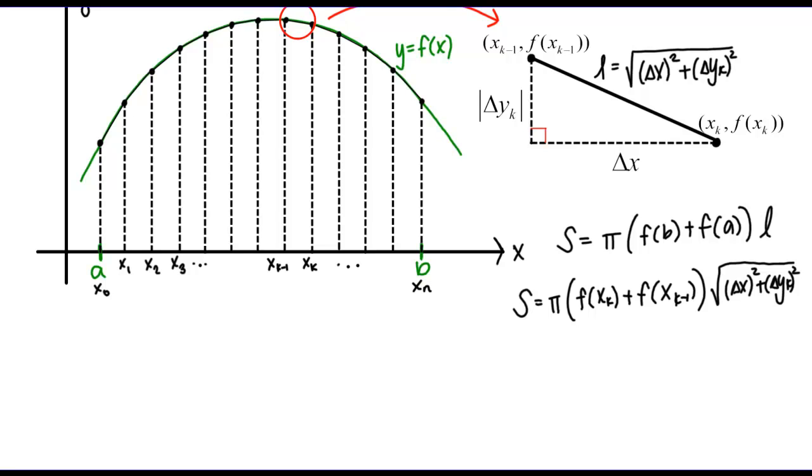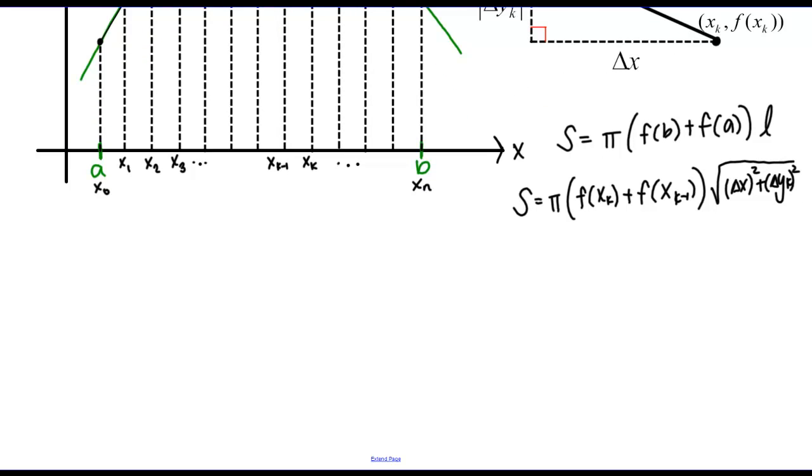Now, to approximate the area of the entire surface, that is, the surface created by taking this entire curve here, approximated by all these little line segments, and revolving that whole thing around the x-axis. Okay, so that entire surface. To get that area, we're going to add up all the little frustums, and that's going to give us the following expression.